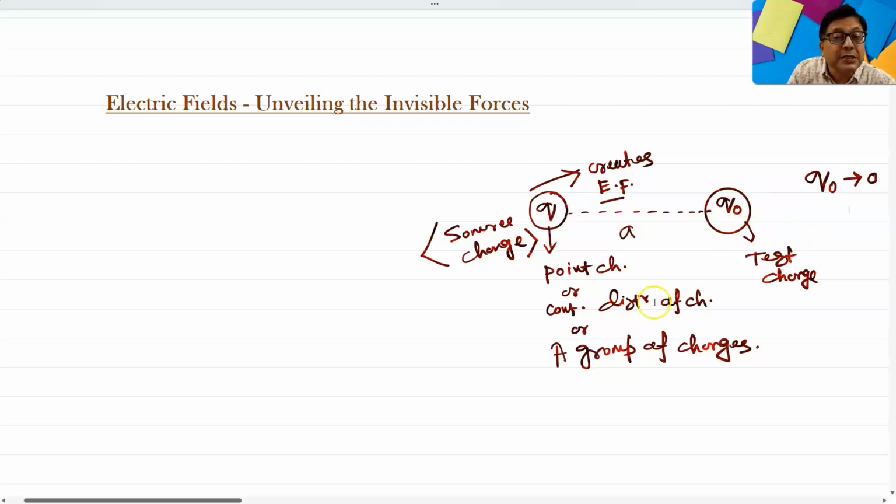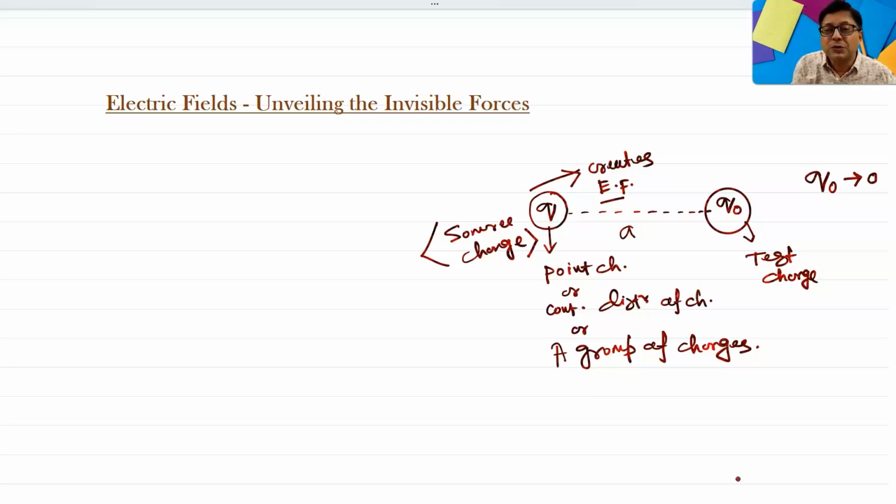Now the question is, what is electric field then? How to define electric field? This electric field is the region of space. The spider creating net in its surrounding. How far it can create, it depends on the spider only.